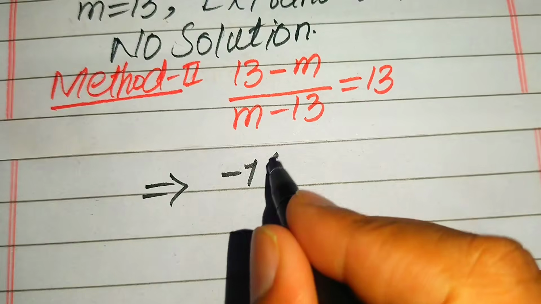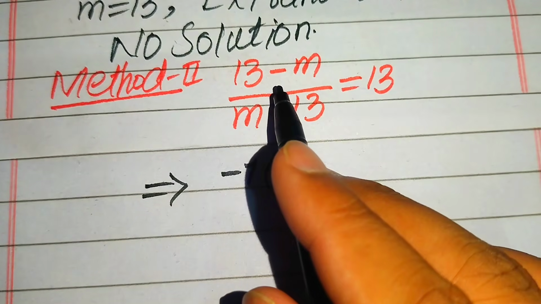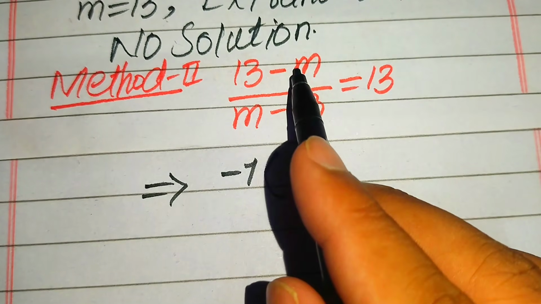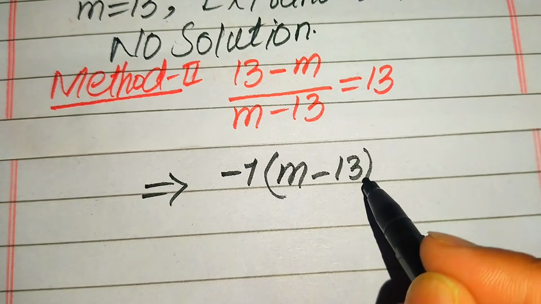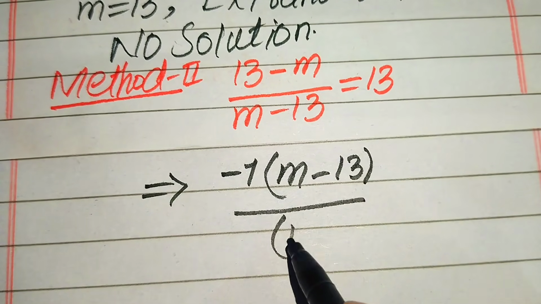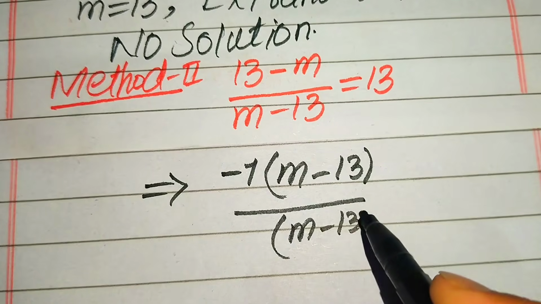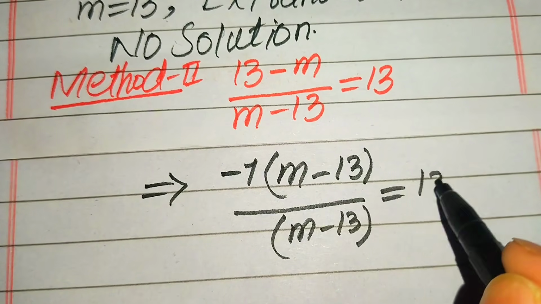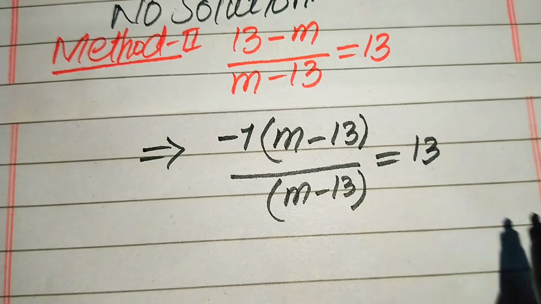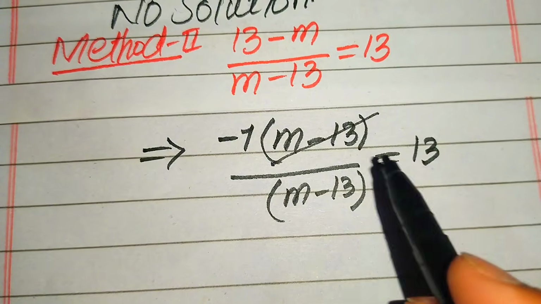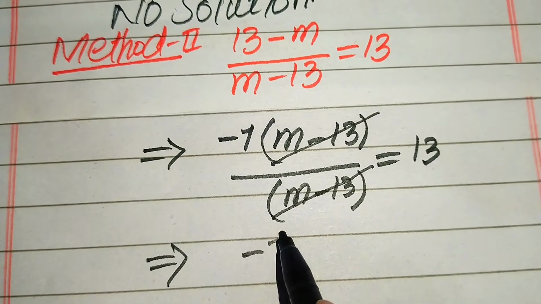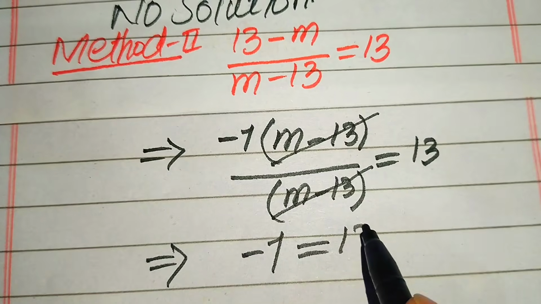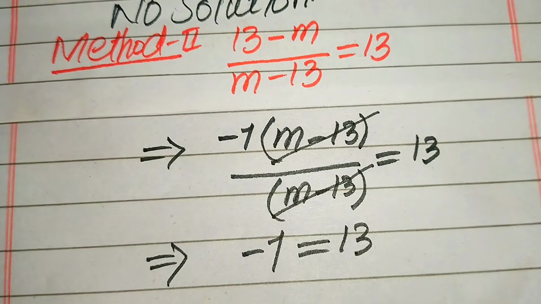When we take common negative one, we change the sign of both of these two terms, and we get negative (m minus 13) divided by (m minus 13) equals 13. Now you see that this m minus 13 is cancelled out by this m minus 13, and we get the remaining value minus 1 equals 13.